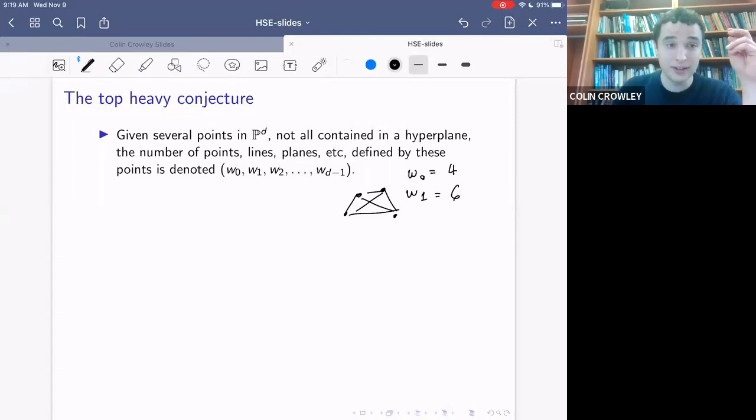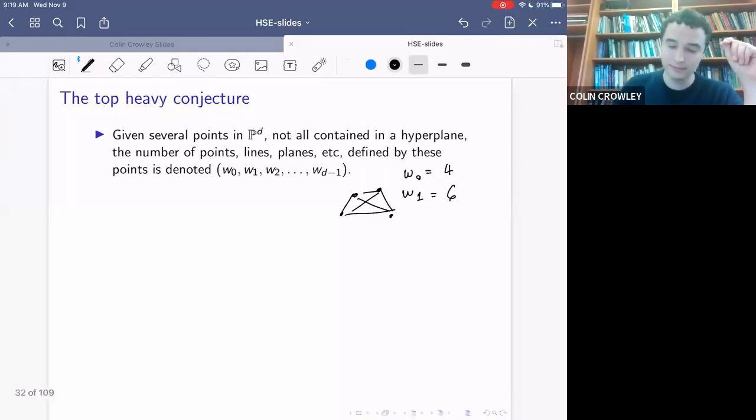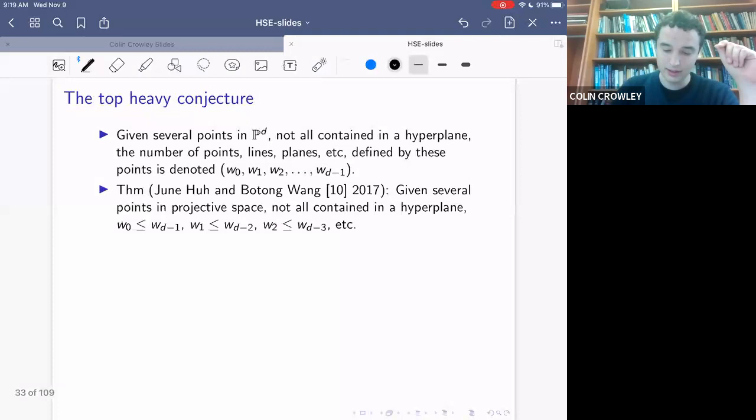Here are these numerical invariants. A theorem in 2017 by June Huh and Botong Wang is that in this setup, given several points not all contained in a hyperplane, there exist inequalities among these invariants. The first inequality says that the number of points is at most the number of hyperplanes that they define.